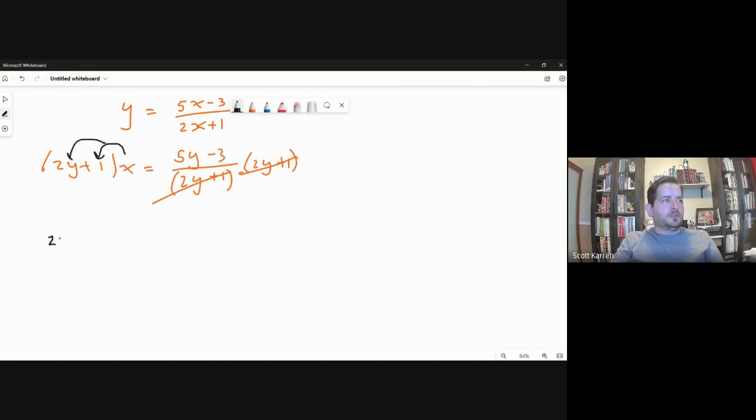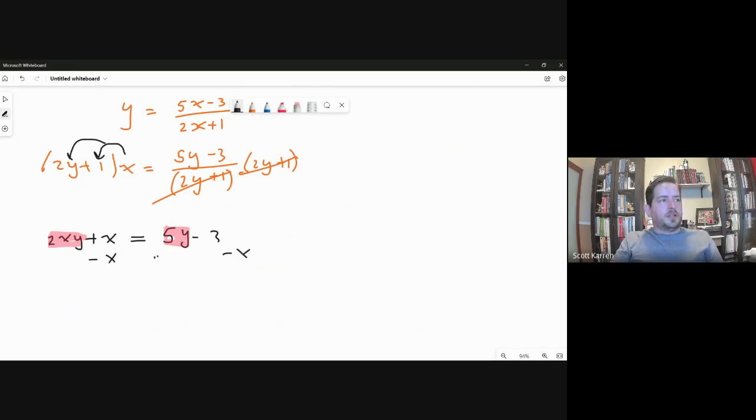So I'm going to write this as 2xy plus x on the left-hand side is equal to 5y minus 3 on the right. And the reason I distribute it is because I want my y terms, which I have two. I have a 2xy and I have a 5y. But I want anything with a y on one side and anything without a y on the other side. So I'm going to subtract x from both sides.